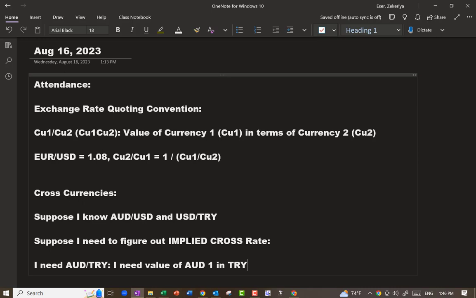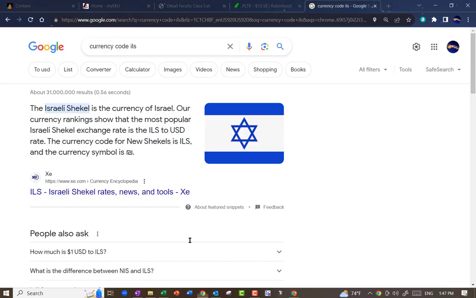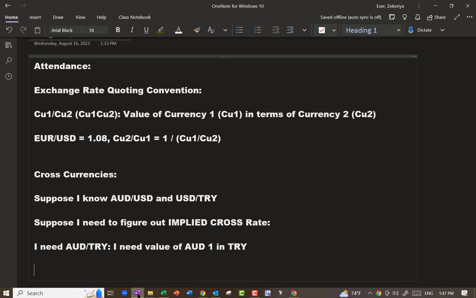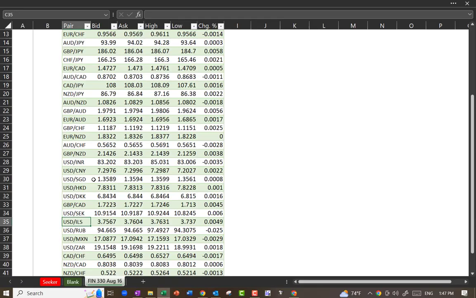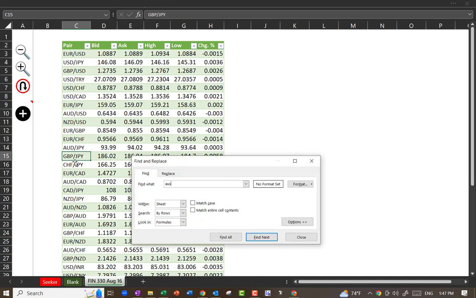All right, so let's do it with an example. I know exactly what AUD-TRY is. Where art thou? AUD-USD is, I'm sorry. Right there, it's 64.34.